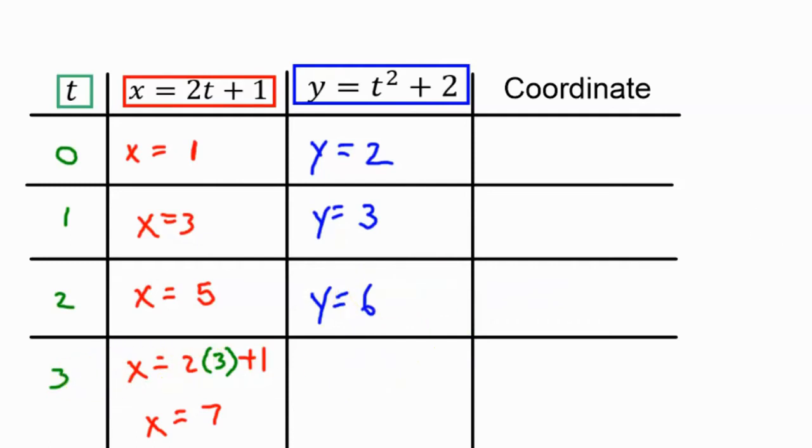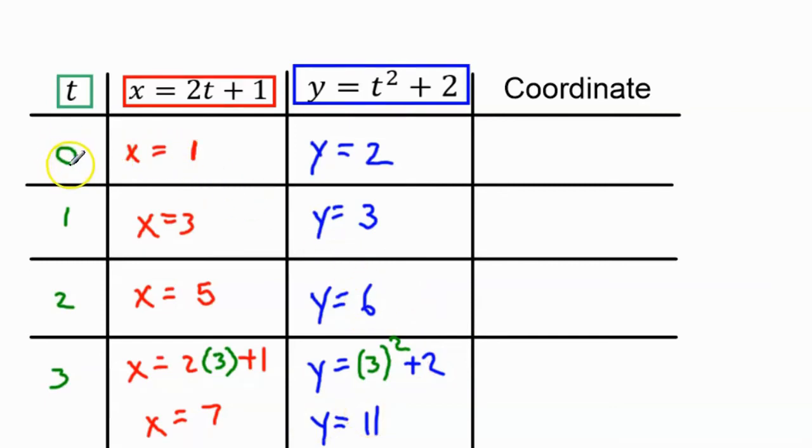So now let's do the last one here where t equals 3. So y equals, instead of t squared, we're going to put 3 squared and then plus 2. So 3 squared, remember, is 9, and 9 plus 2 is 11, so y equals 11.